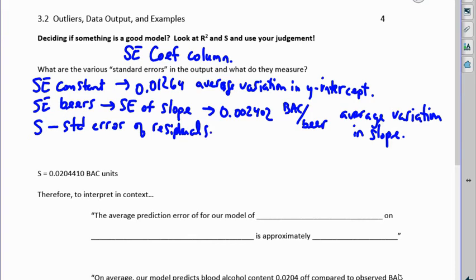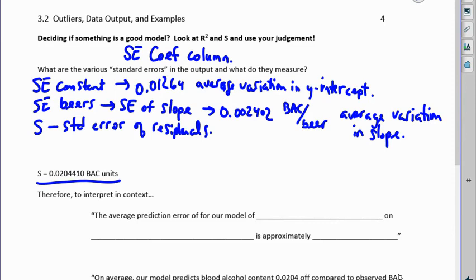Which we've already talked about right here. And based on that, do we think this is a good model? Let's look at this standard error of our residuals. Let's look at our R squared and use some judgment. Do we feel like the number of beers is a good predictor for what a person's blood alcohol content will be?